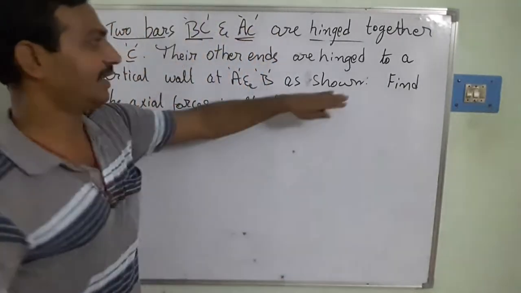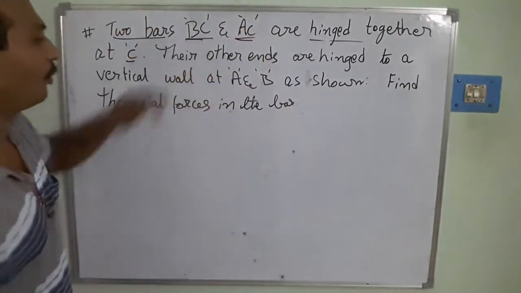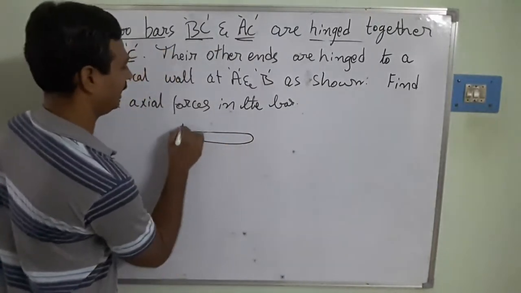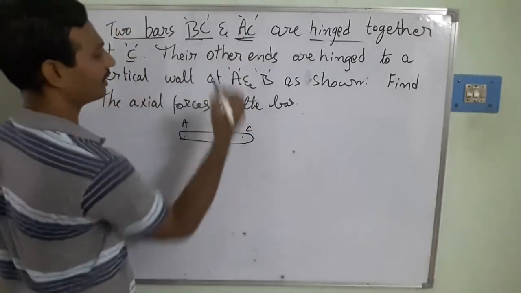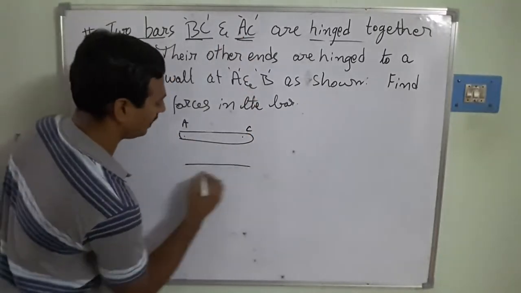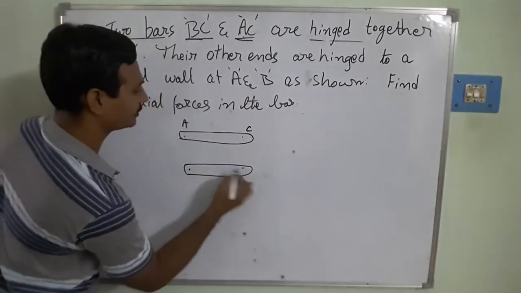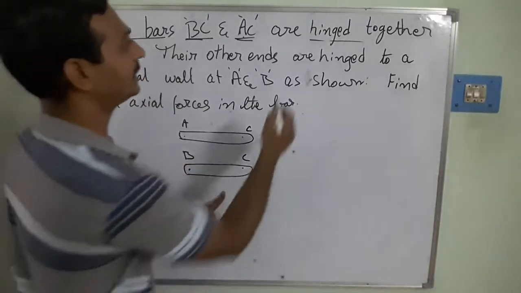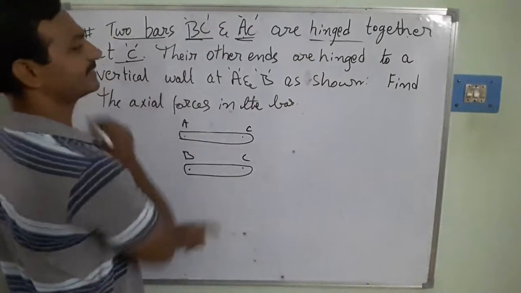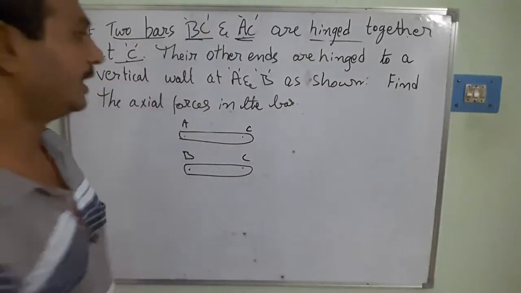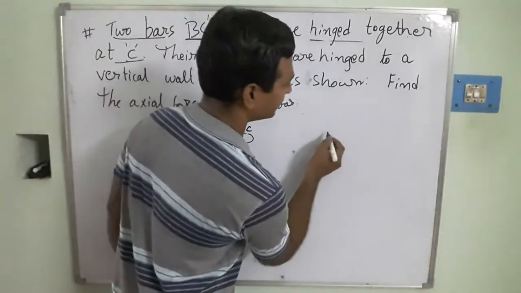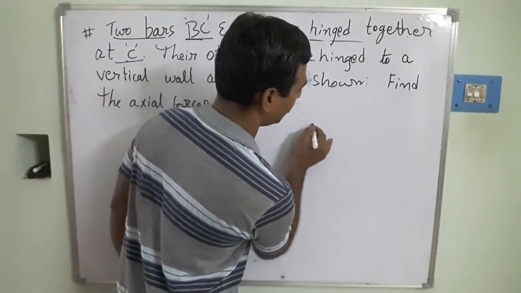So what is the figure he has given? From this statement, I am taking here the two bars. So this is your A and C, which is one bar. The next bar I am taking here. So this is your B and C, which is the other bar. And he said that they are hinged together at the point C. Then the axial directions I am going to take.